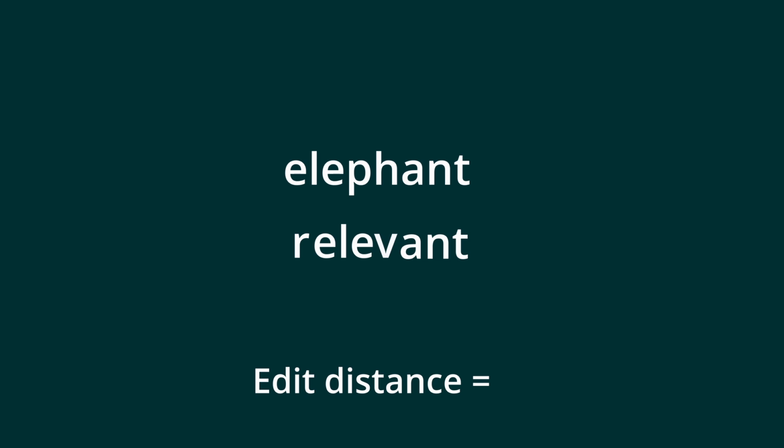In this case, if we take the word relevant and we want to convert it into elephant, first we need to delete the letter R, add a P right here, and replace the V with an H. And with this we have that the minimum edit distance is equal to 3.